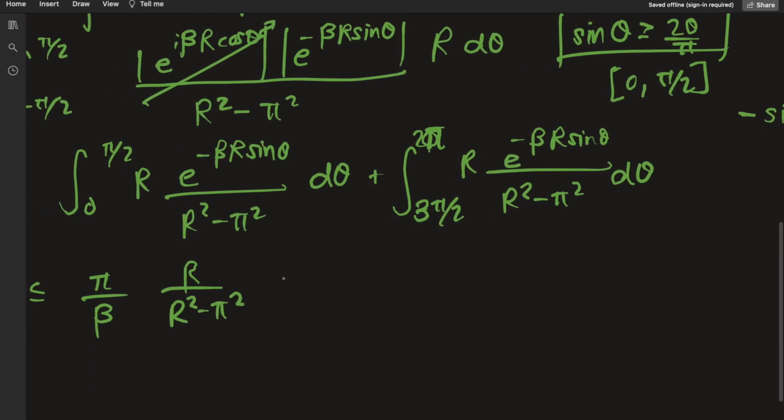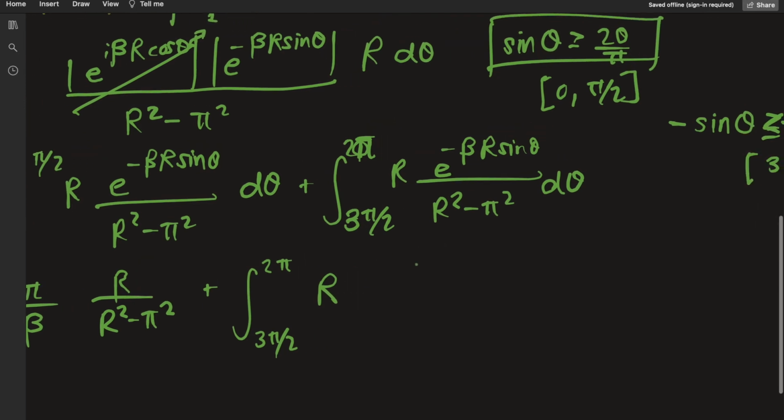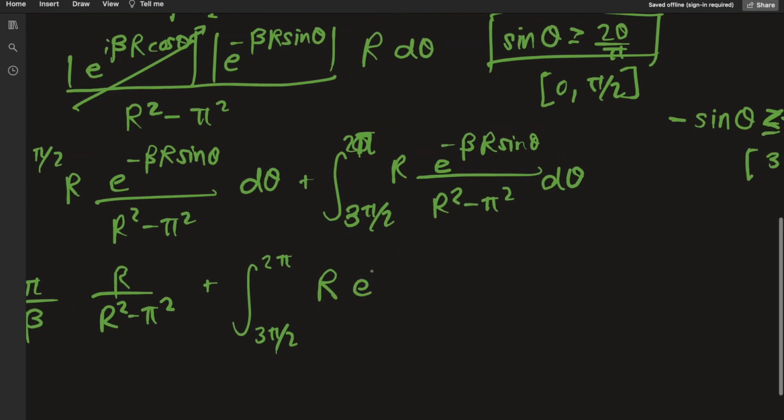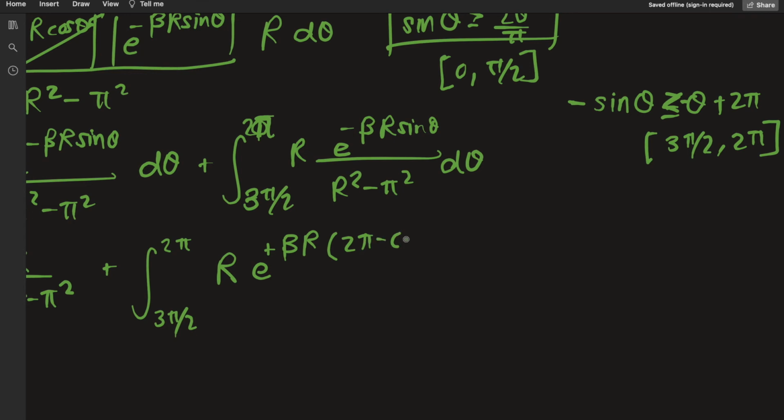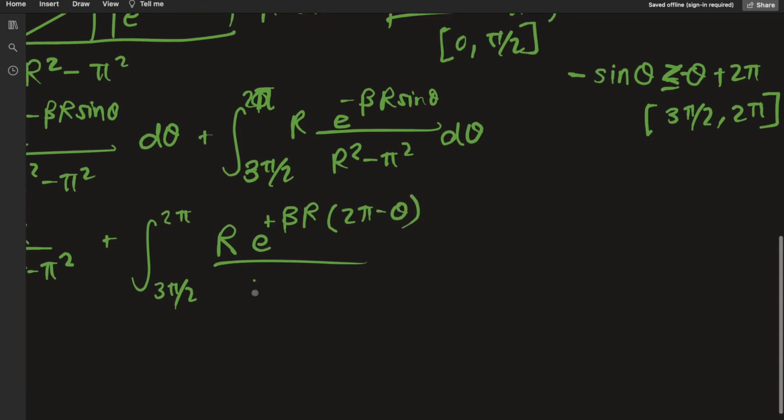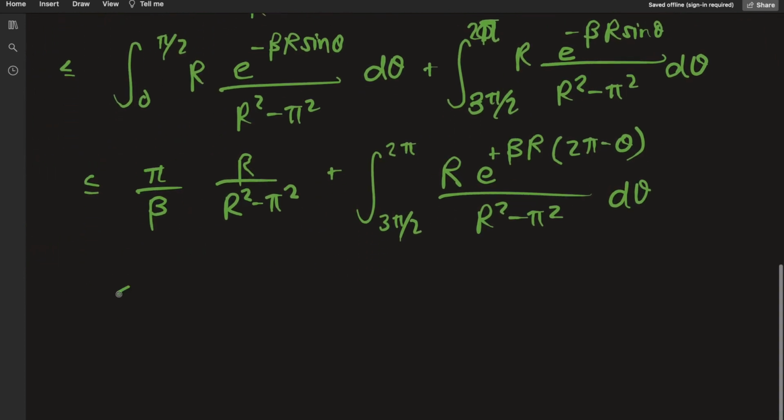So I'm going to do exactly that over here. R times e raised to negative beta r. Actually, we don't need this because we took that into consideration. 2 pi minus theta over r squared minus pi squared d theta. And we're almost done.